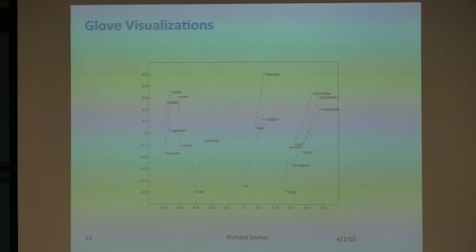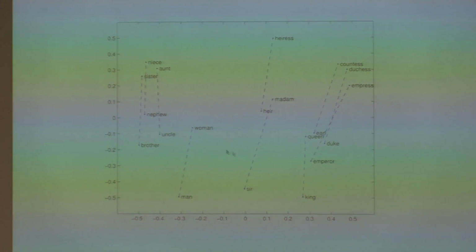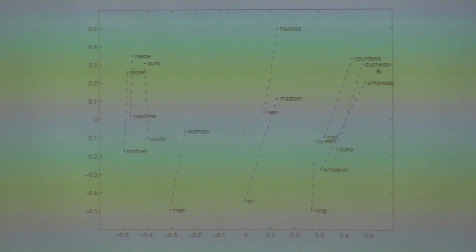And here are some other interesting relationships that aren't just king and queen. You can see that even emperor and empress, or duke and duchess, earl and countess, and heir and heiress, and so on, they actually all have a similar kind of vector offset. So it really captured that general phenomenon.